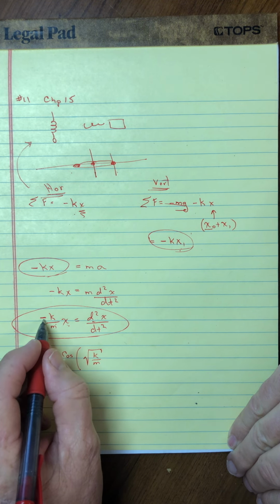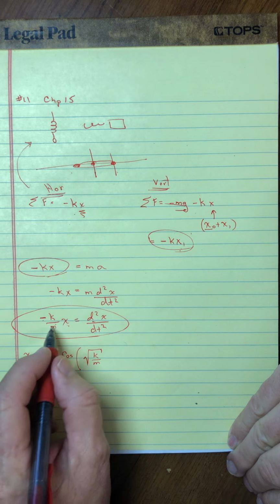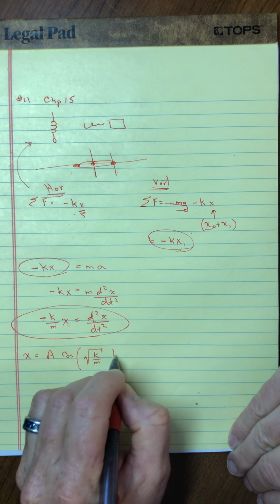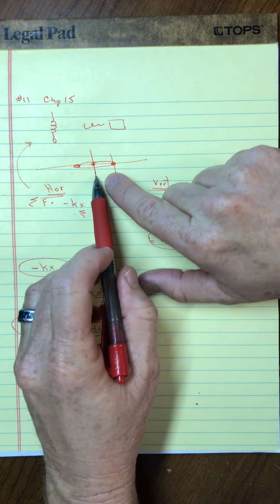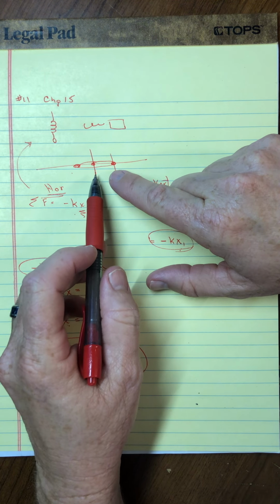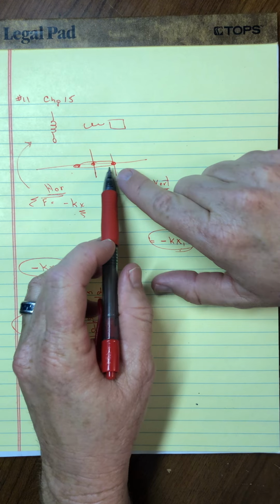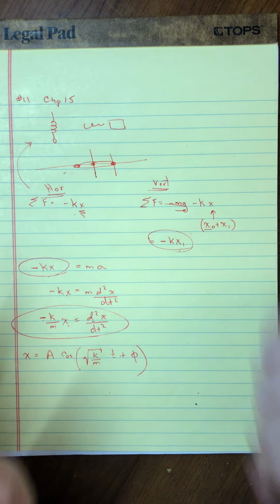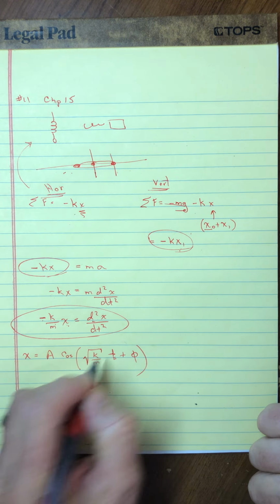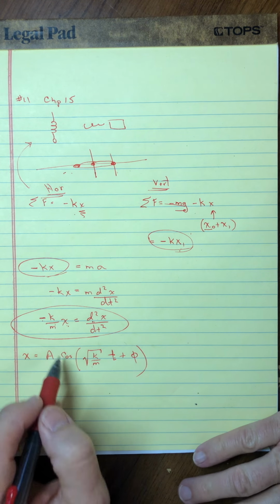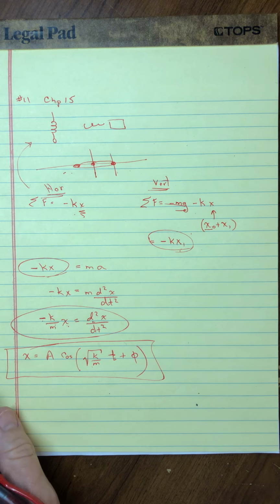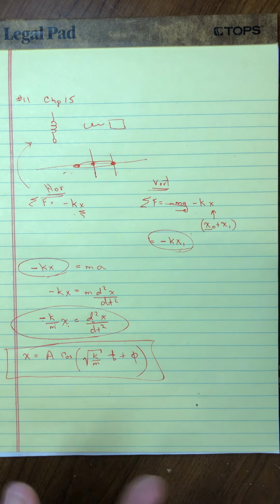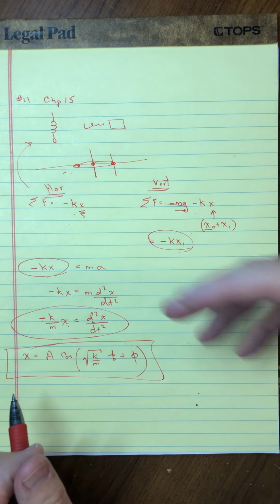So the negative sign, ignore that, and the function itself, ignore that. But this is the omega. And, of course, there might be some starting phase, and that was my comment earlier, that he didn't really say whether it started in the middle or to the left or to the right, but this would be the general solution. So I don't think you need to do any of these steps to actually do this problem.